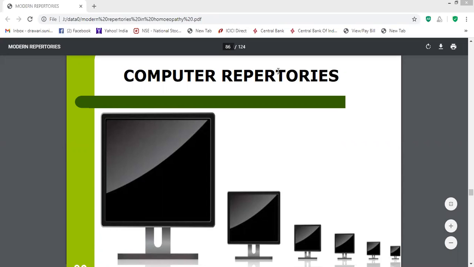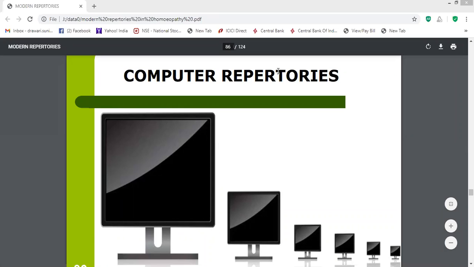These computer repertories make a drastic change in homeopathic repertory, because in one software we get much information, more repertories and more materia medicas. So we get much information in one software, in one package.